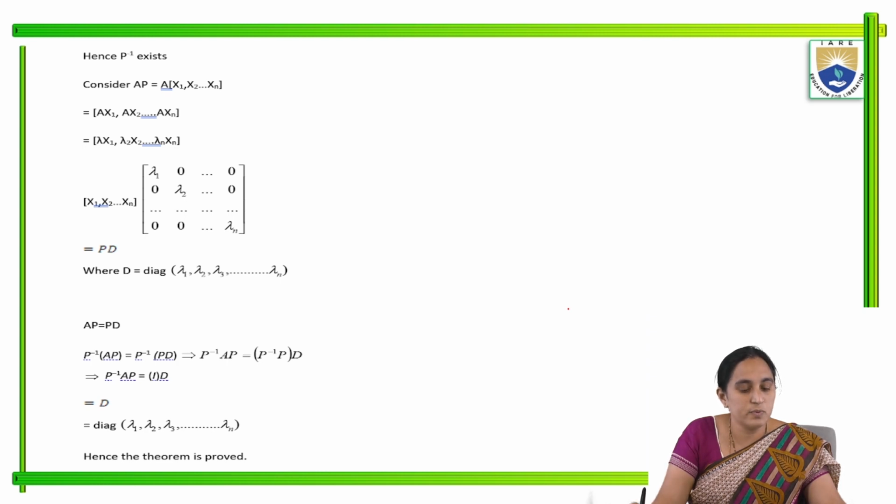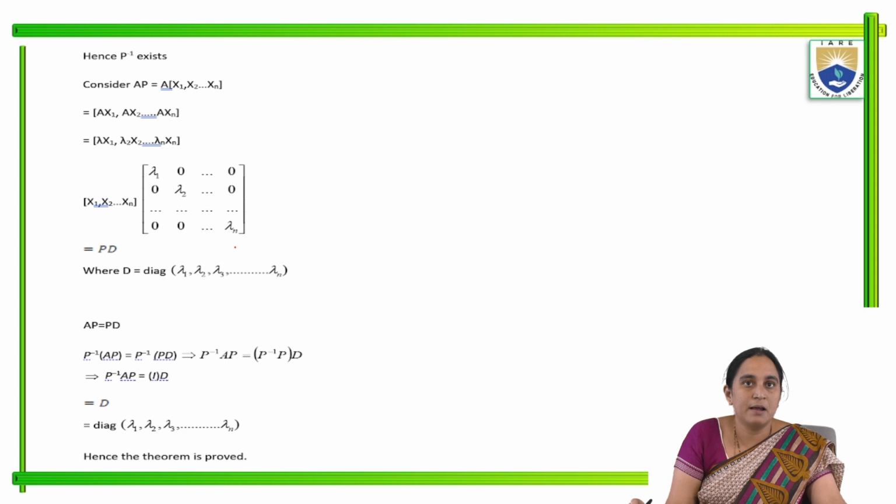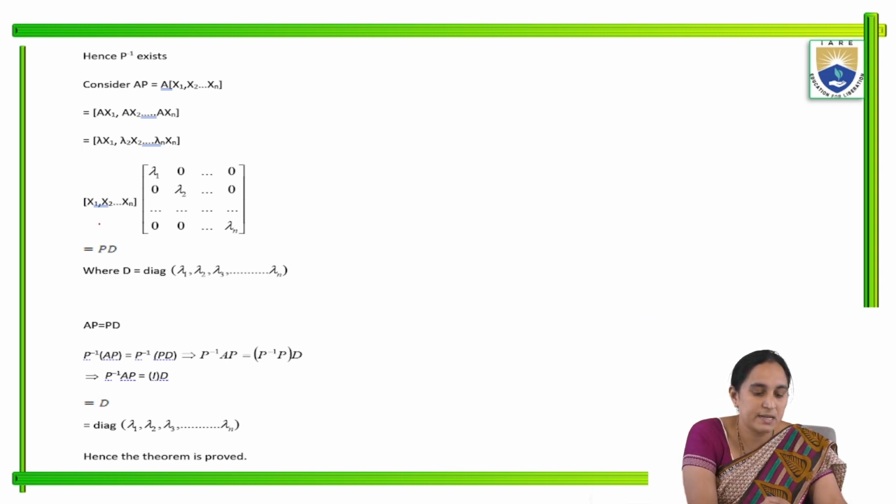For that, x1, x2 and so on xn, and lambda 1, lambda 2 and lambda n, in one matrix form: lambda 1, 0, 0, 0, lambda 2 and so on, 0, 0, 0 and so on lambda n. I'll write this matrix as P and this one as D.